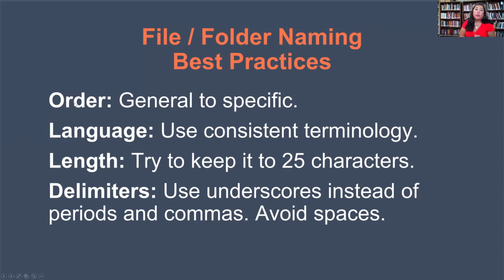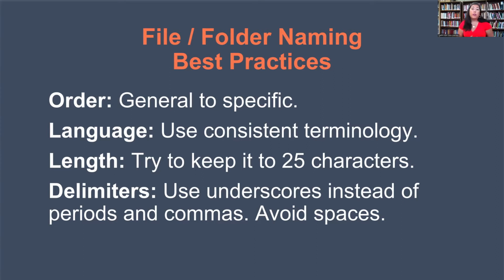Language is more about using consistent terminology. At Densho, we have certain file types that we create, and we always name them the same things, which is master and mezzanine. We'll go a little more into that in video number 4, but just try and use the same terminology across the board.